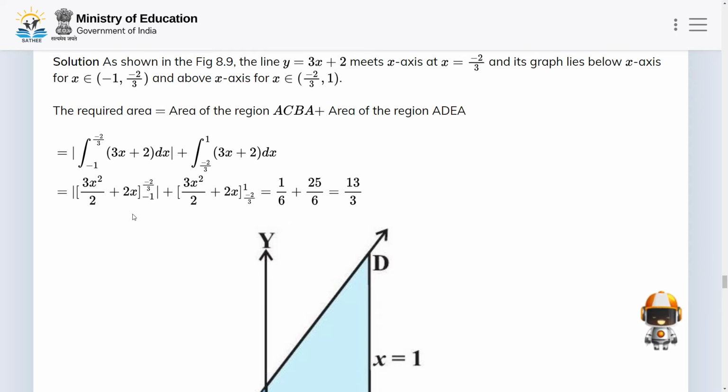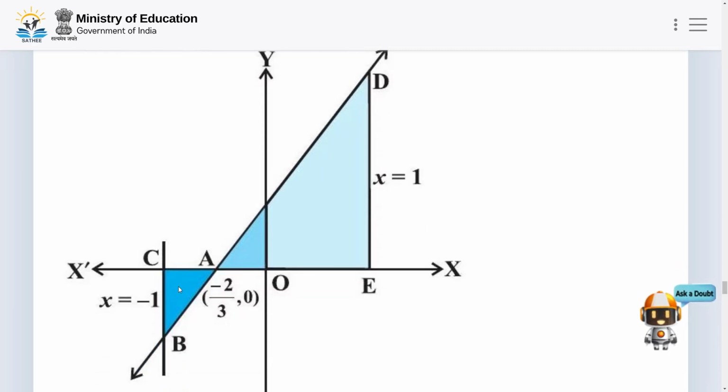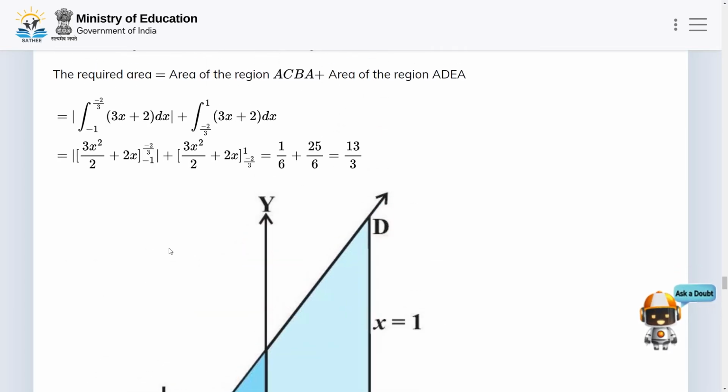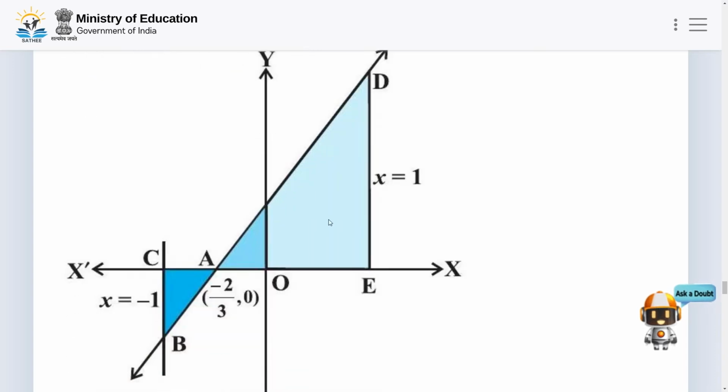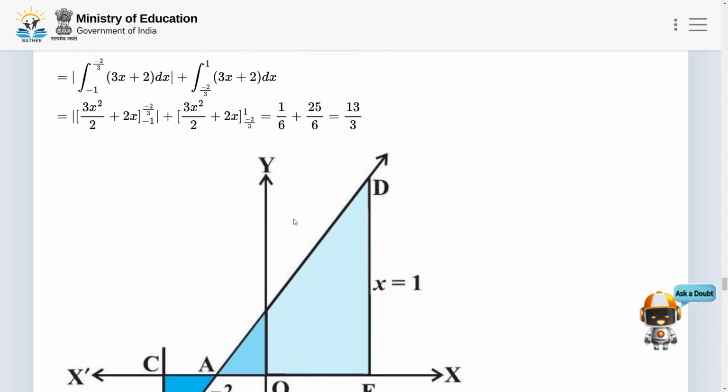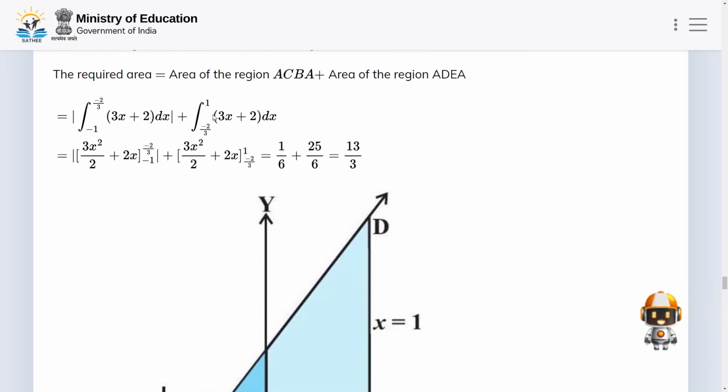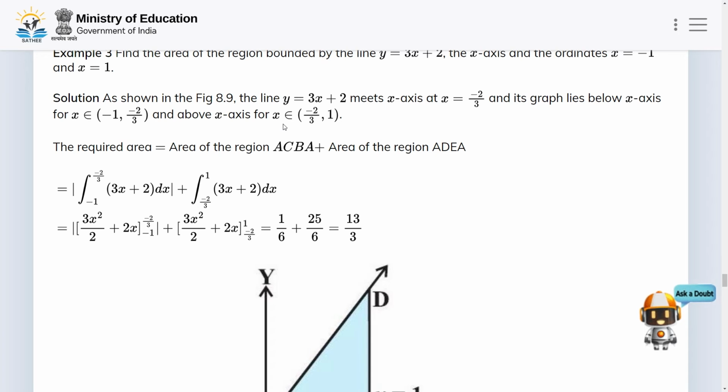As your graph is under the x-axis, you have to apply a modulus sign here. Plus, this part is above the x-axis, so there is no need for a modulus sign, and you will get the integral from -2/3 to 1 of 3x plus 2 dx. Simple. I hope it is clear to you.